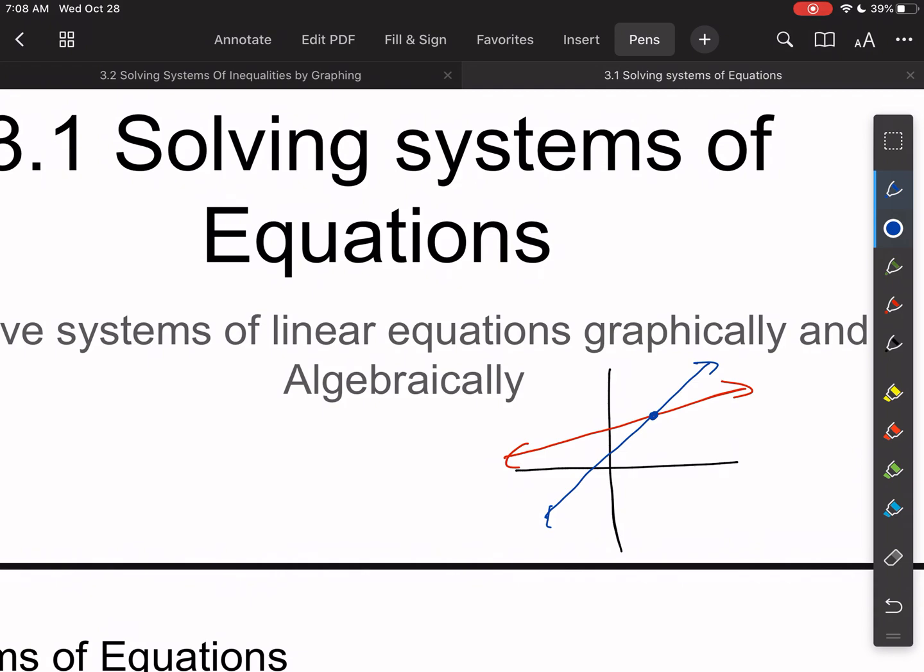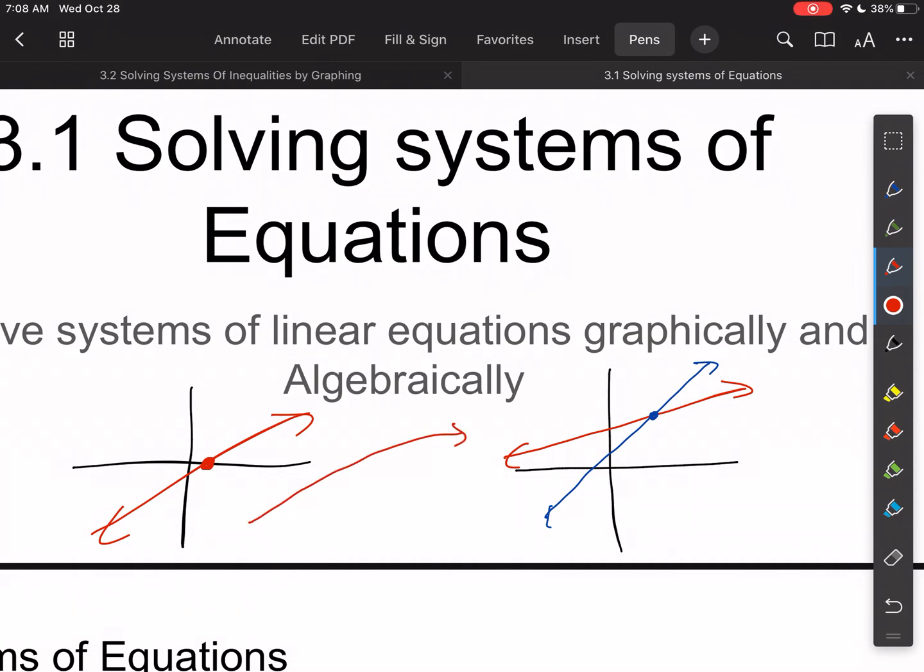So up until this point, you guys, with lines, what we've always said is that the place where we have a crossing on the x is the solution. So if I had a line like this, if I looked at this place right here, that would be the solution to the line. Now we're moving on to say the solution in a system is the place where the two lines cross.